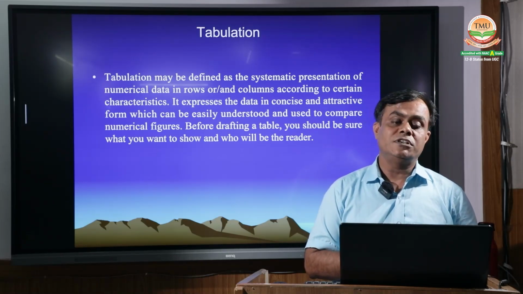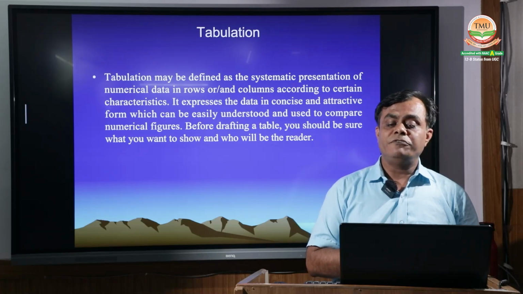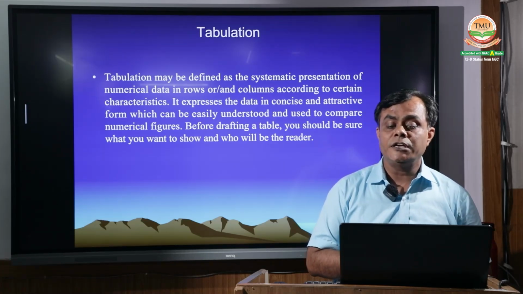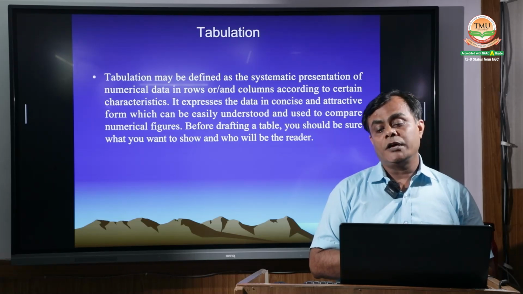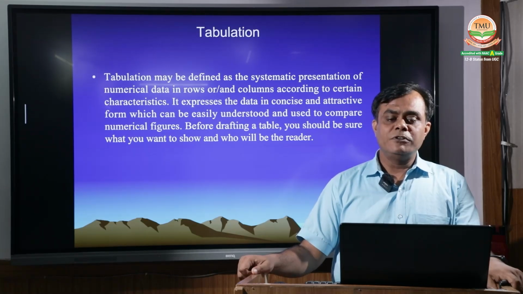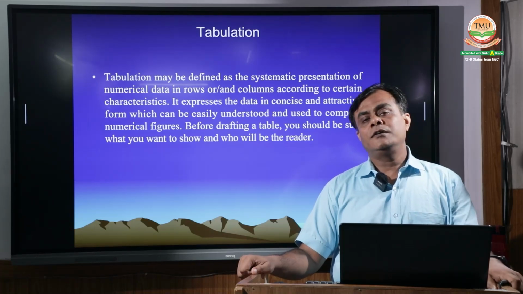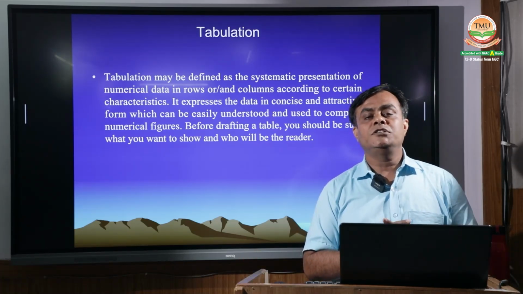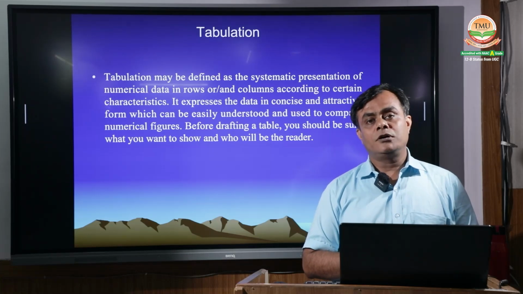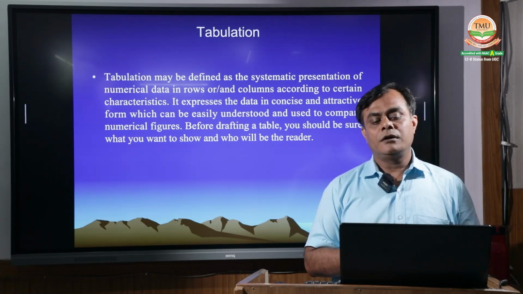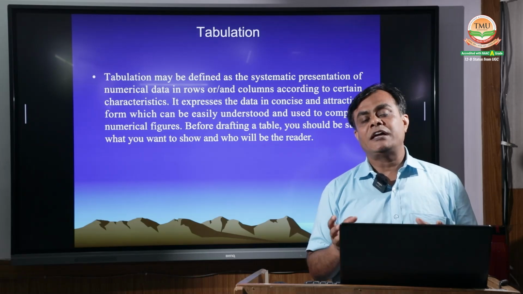Tabulation may be defined as the systematic presentation of numerical data in rows and columns according to a certain characteristic. So we are using different rows and columns of data in a tabular format depending on different types of characteristics.